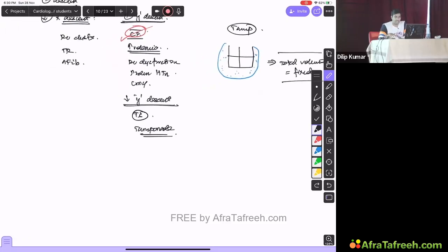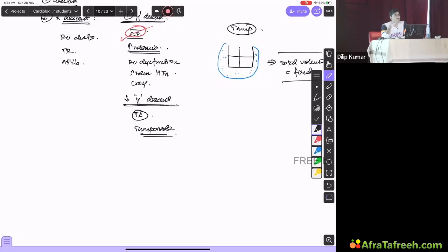So during Y descent, the ventricle is in diastole. The ventricle is not ejecting any blood. Understand? During Y descent, is the ventricle in systole or diastole? Diastole. I told you already. During Y descent, the ventricle is in diastole, rapid passive filling. During that time, blood is not moving outside, but blood is coming inside. What I told you: in tamponade, blood should move out for blood to come in.